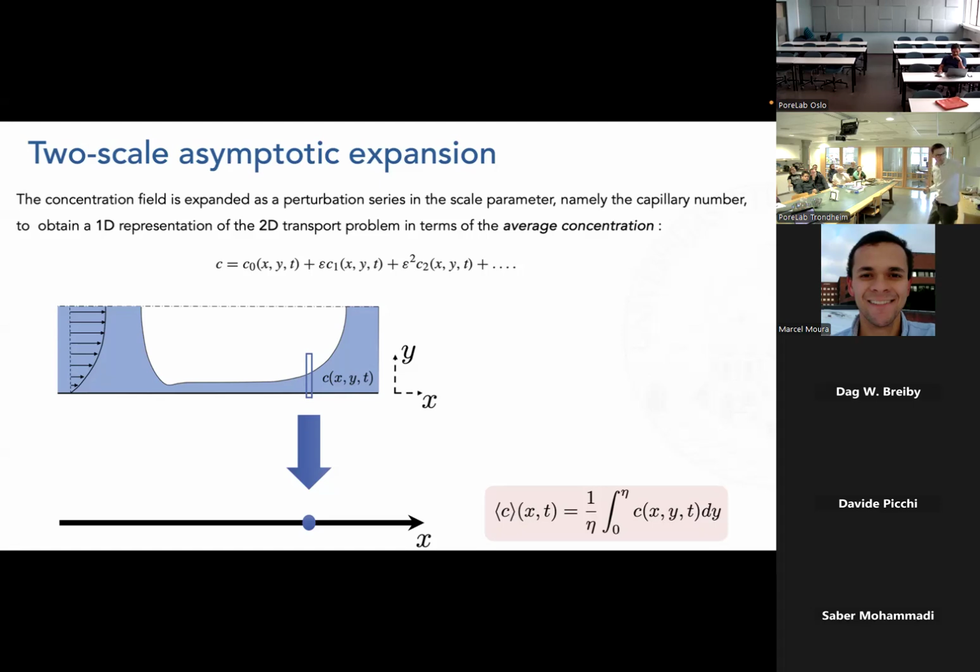We can expand the concentration in a power series of this parameter epsilon, like C0 plus epsilon C1 and so on. So we transform the boundary value problem into a cascade of boundary value problems, and we can just solve them sequentially. And doing so, we will get an equation for the average concentration.